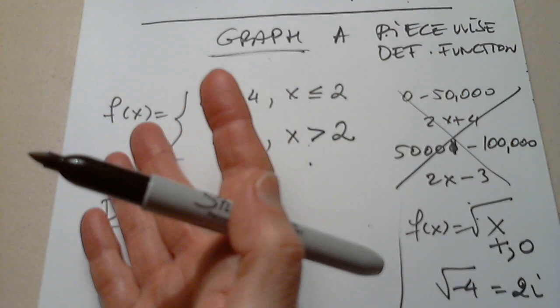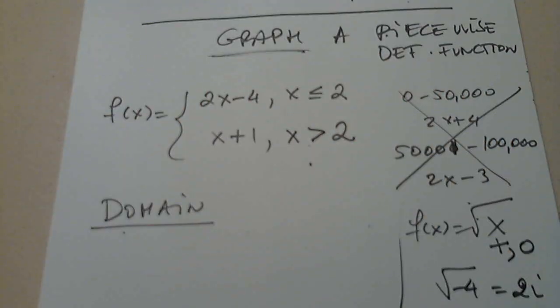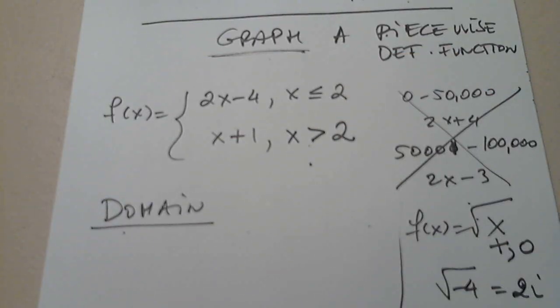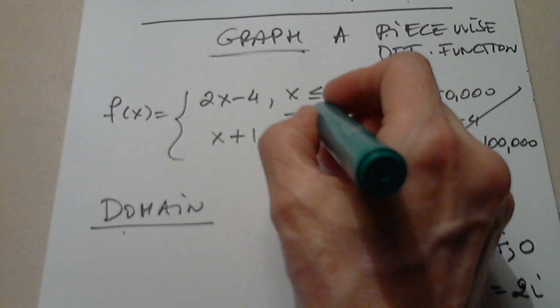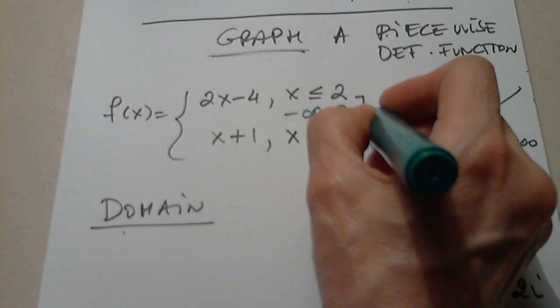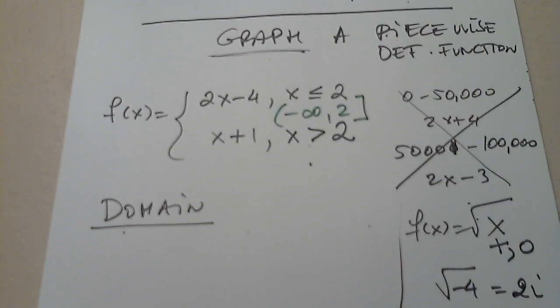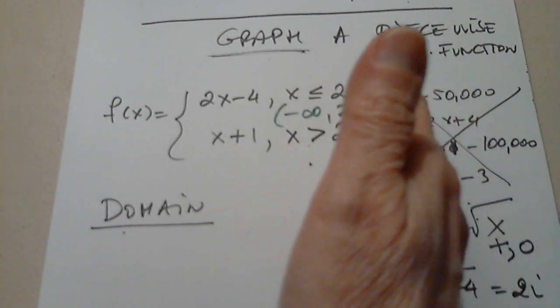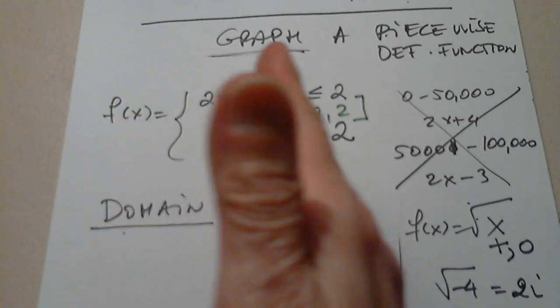So when I look at this function, I see 2 intervals here. Well, the first interval, I hope you remember, is negative infinity to 2 with a bracket. Do you remember that? Less than or equal to 2, to the left of 2, from negative infinity to 2.